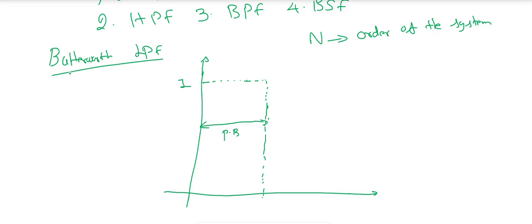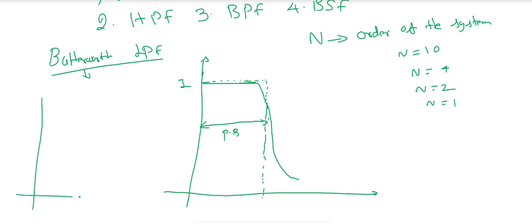With respect to the Butterworth filter frequency response, when you go for higher orders, for example n equal to 10, n equal to 4, n equal to 2, n equal to 1, you get closer to the ideal one.